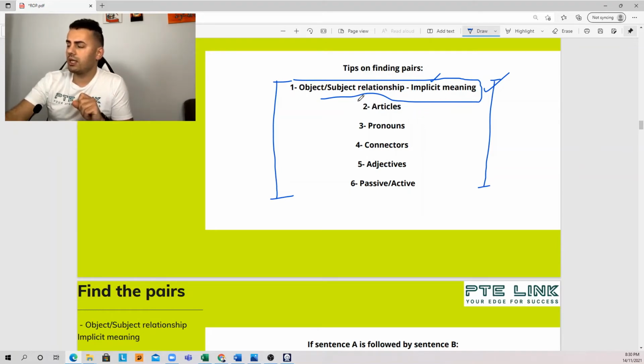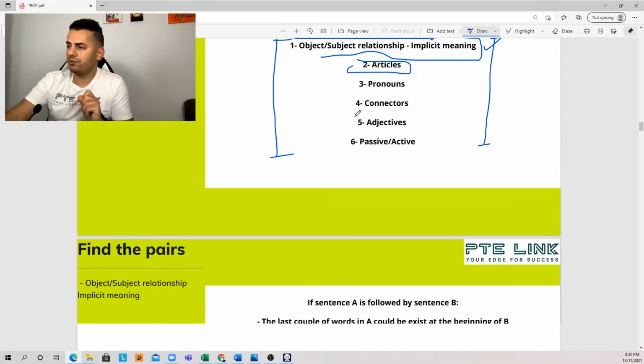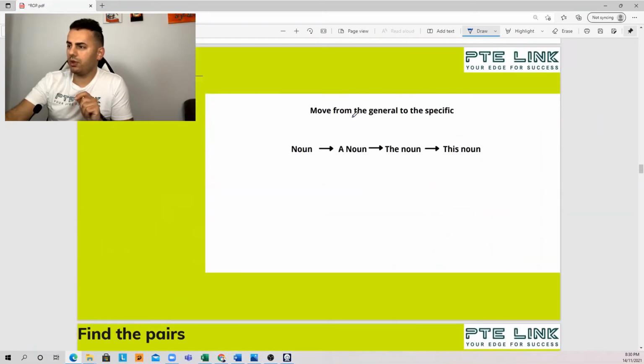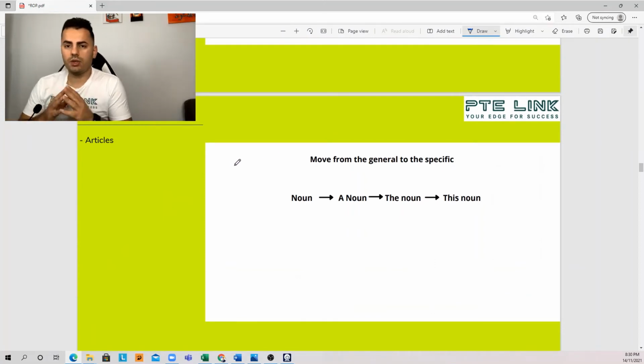We could use another tip, which is the article tip. How does it work? Usually in English, when a writer is writing, this writer could start with writing "a noun," "the noun," "this noun." They move from the general to the specific, more specific, the most specific. A simple example: I bought a table, the table was black, this table is luxurious.